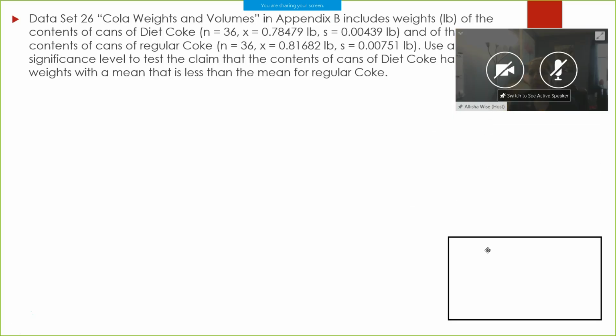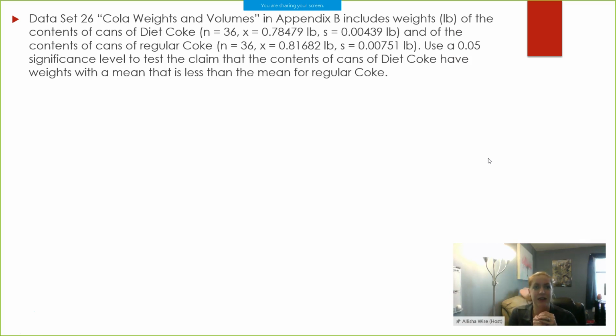Okay, I know you're ready to knock out an example. This is from the book. They weighed a bunch of cans of Diet Coke, and they got the following results for Diet Coke.